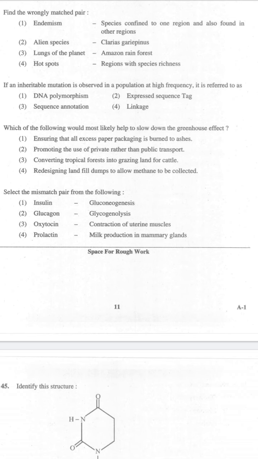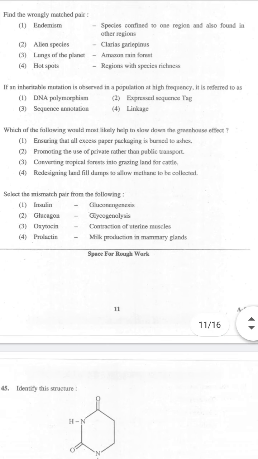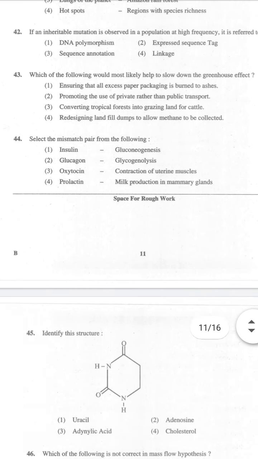The greenhouse effect can be slowed by redesigning the landfill dumps so that the methane produced by the decomposition of biodegradable waste is collected effectively, and it can be used for the production of biogas, as methane is an integral component of it. Understand? So now let's go to question 44.